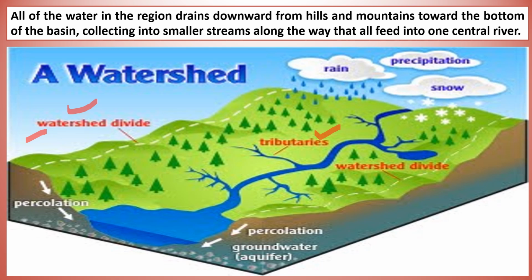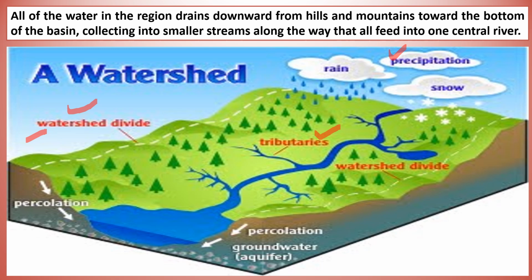Then there are certain processes which add water to the watershed. Precipitation includes rain and snow that falls within the watershed boundaries. Precipitation is the primary source of water for the watershed. Runoff is water from precipitation that flows over the land surface towards streams and rivers. It can contribute to erosion and transport of sediments.